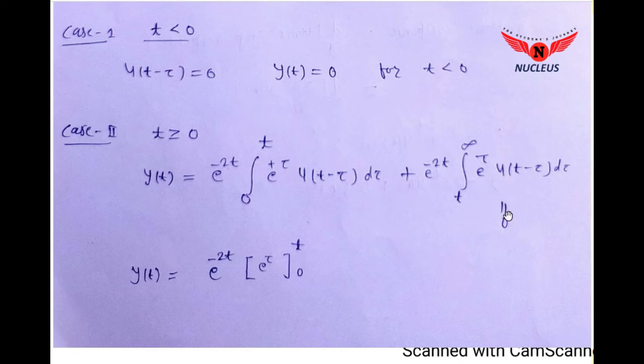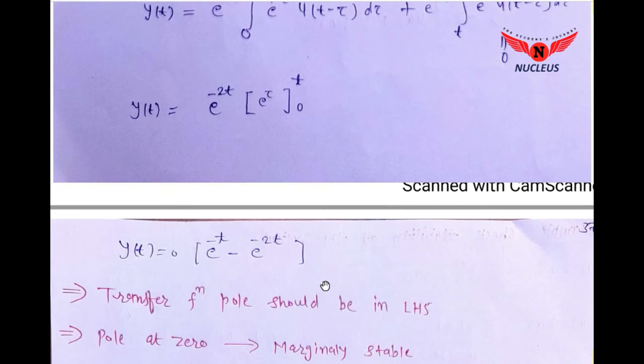So this function is 0, and integrating this one, you will get y2 equal to e to the power minus 2t times the integral of e to the tau d tau, and finally the answer y2 equals e to the power minus t minus e to the power minus 2t, times u(t).